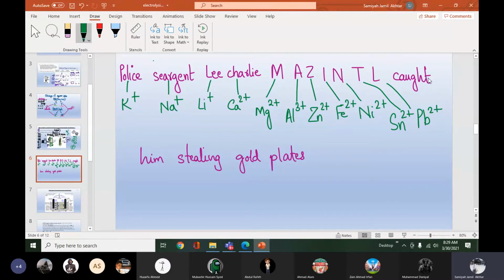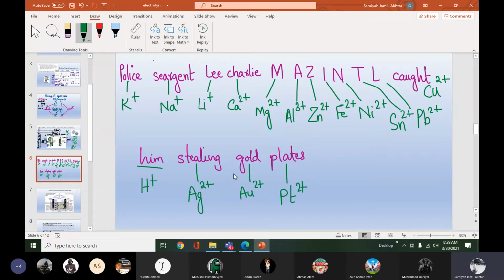And cort is Cu, copper. And then him is H positive, stealing is silver, gold is gold, and plates is platinum.